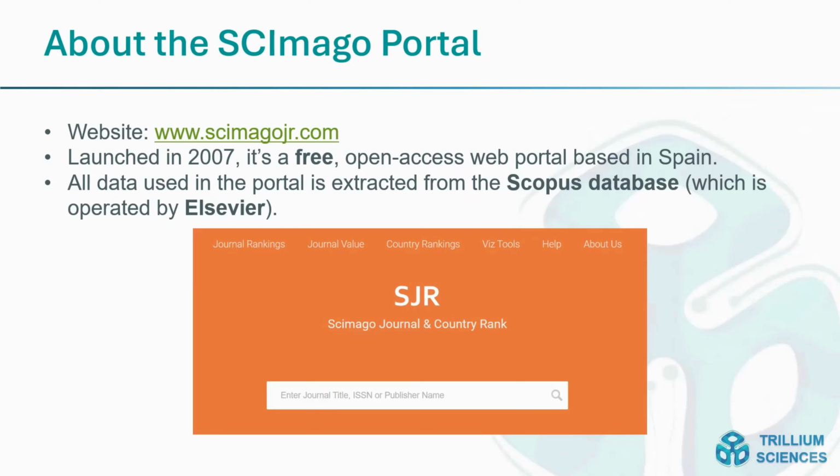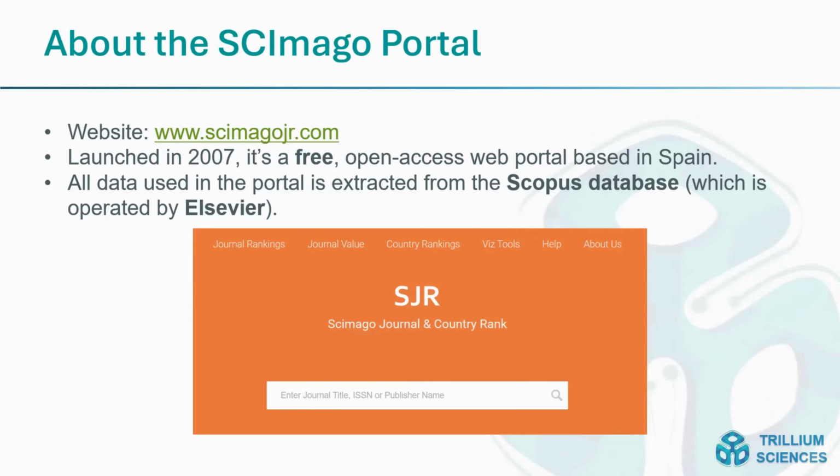And as we mentioned, it's a website. It's well known for many researchers. And this is the link for the website. And it was launched in 2007. One of its advantages is that it's a free open access web portal. It's based in Spain, and almost 4 or 5 institutions are responsible for this web portal and the SJR ranking or metric.